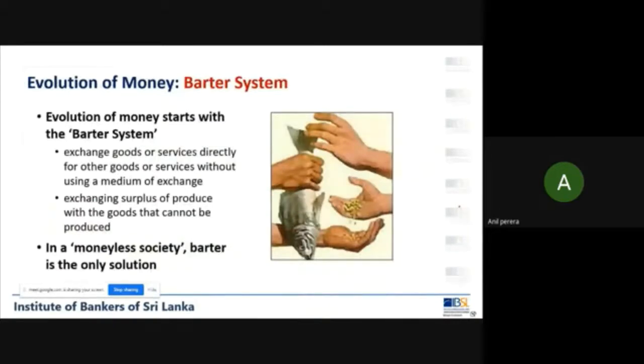So the evolution of money starts with the system called the barter system.